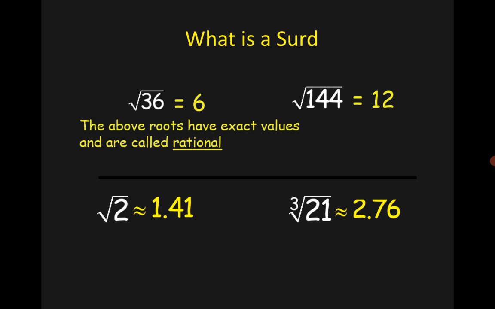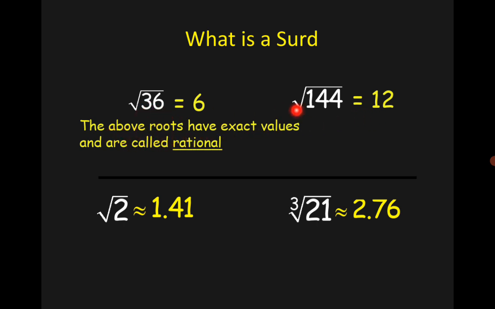So these roots, the square root of 36 and square root of 144, have exact values, like 6 for the square root of 36 and 12 for the square root of 144.